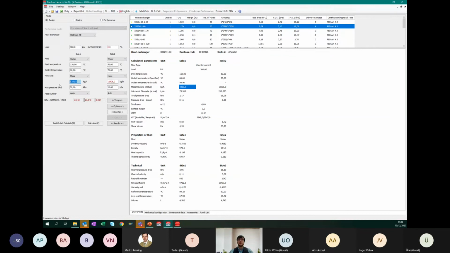So that's the impact of the surface margin in this case. It's just increasing the efficiency of the whole district heating setup. Just keep in mind the flow rate on the primary is decreased, and you need to take another welf for that.